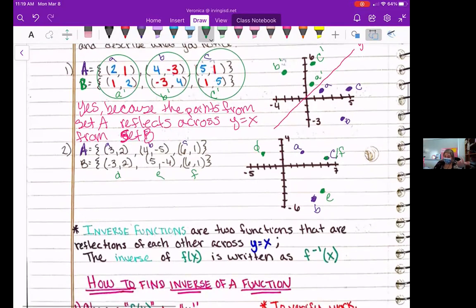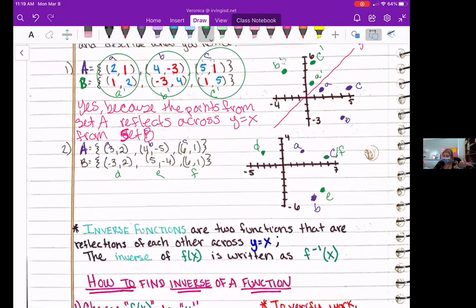So on number 2, you can tell that 3, 2 and negative 3, 2, they're not switching places. So you didn't even have to graph it. You could just look at the data and it is no, because set A comma B does not equal set B comma A, right?